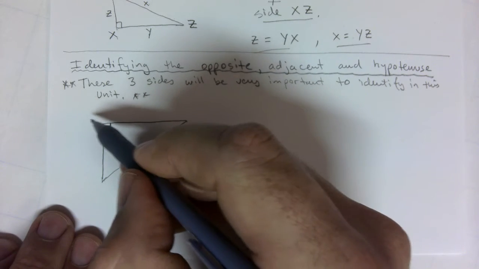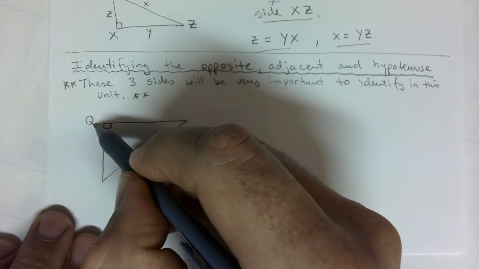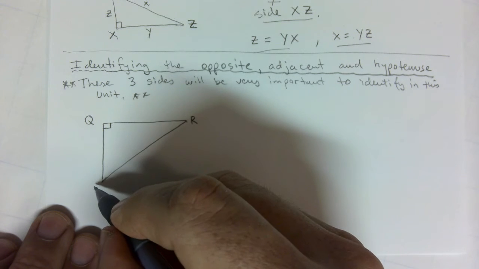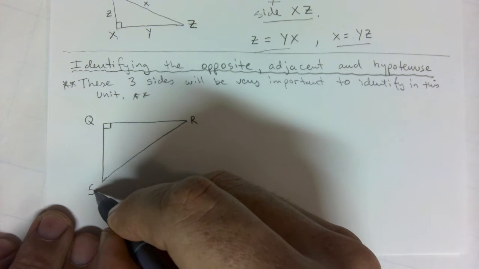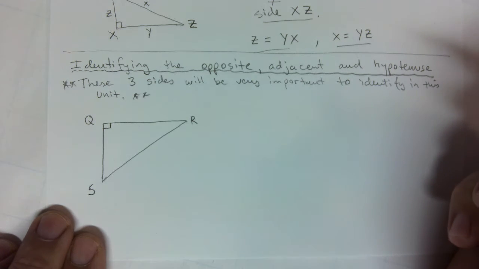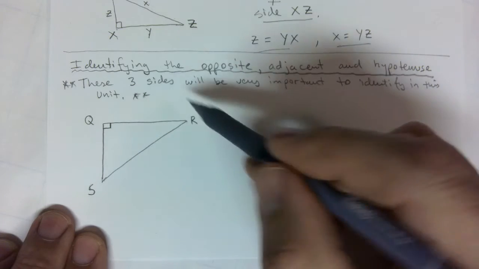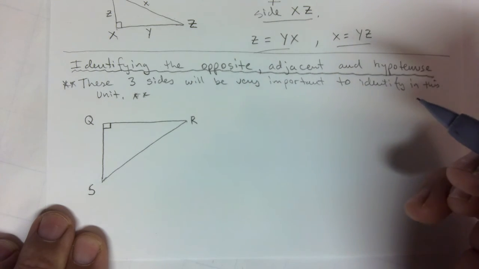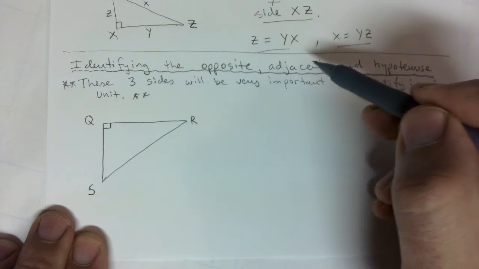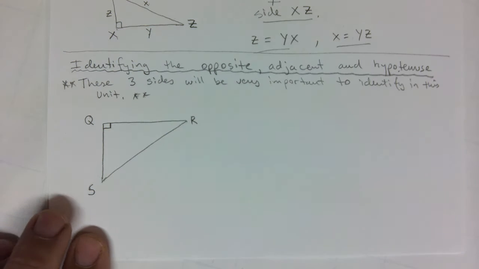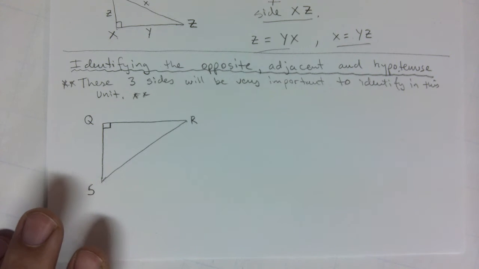So let's use letters Q, R, and S. So let's say you have this written down, and you're asked to identify the opposite, the adjacent, and the hypotenuse in this particular triangle. Okay.